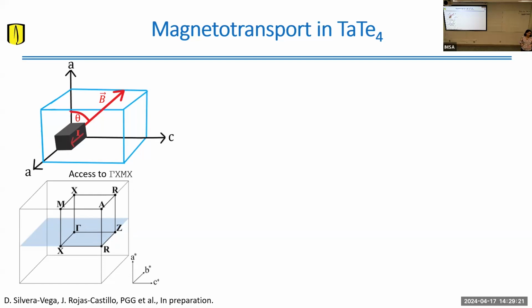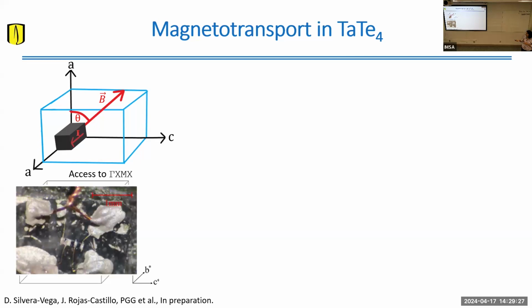And the results I'm going to show you are brand new, and we are preparing the publication for this. So these are the kind of samples you have. This is a fatter sample, but it's this long. You need to put 4 wires in these samples. So if you think of putting the 4 wires in the perpendicular direction, that's a nightmare.